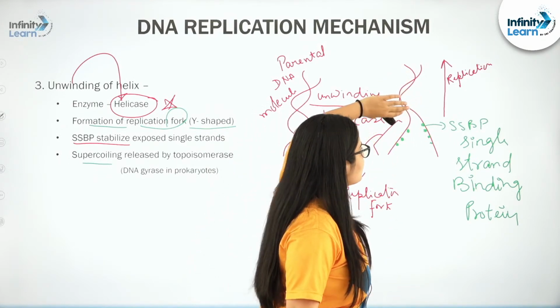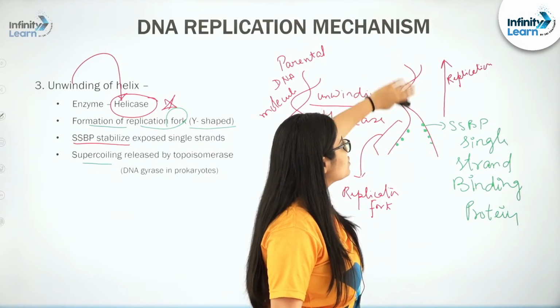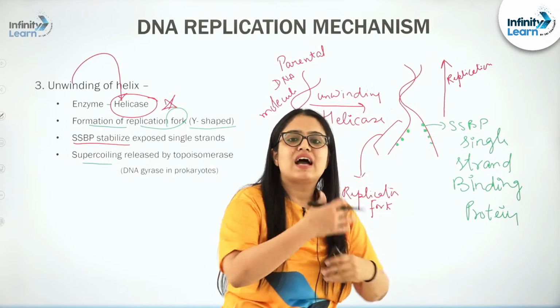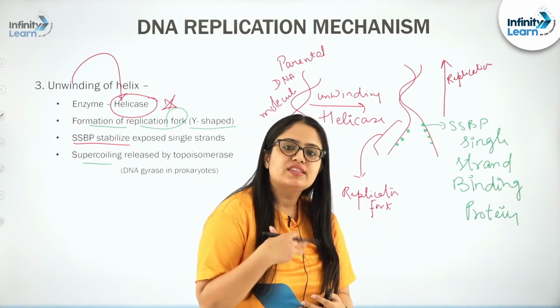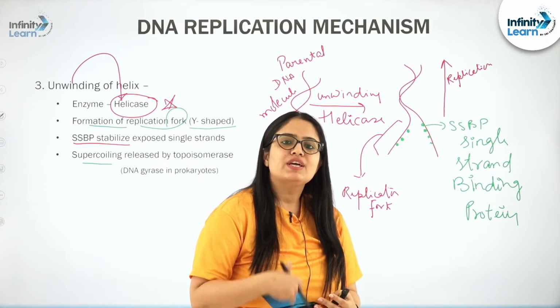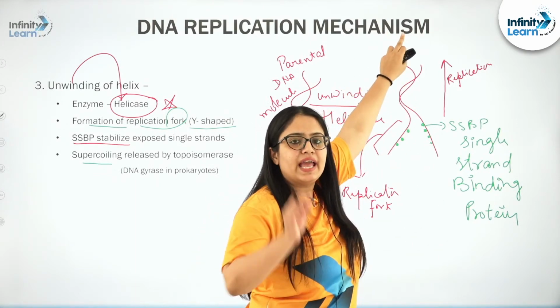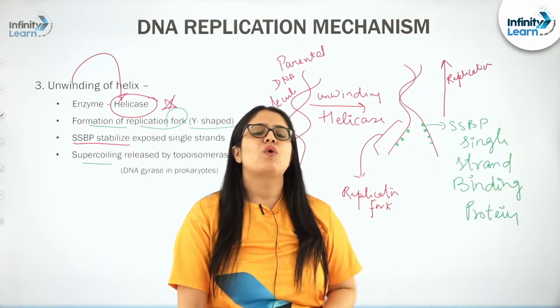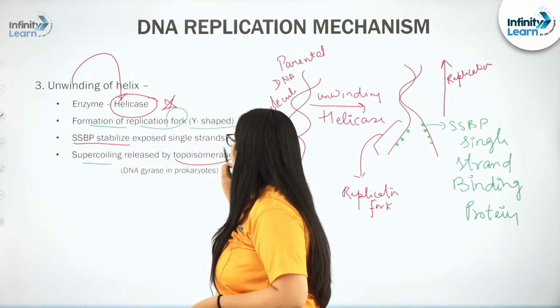So, the part of the DNA which is opposite to the replication fork will start getting supercoiled, and hence there will be requirement of another enzyme known as topoisomerase.